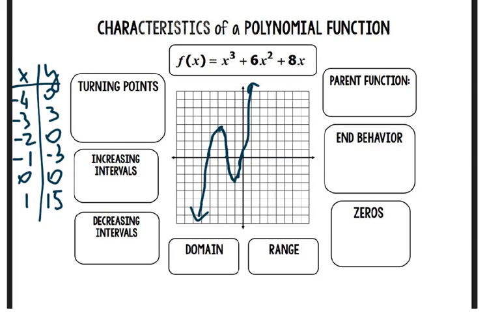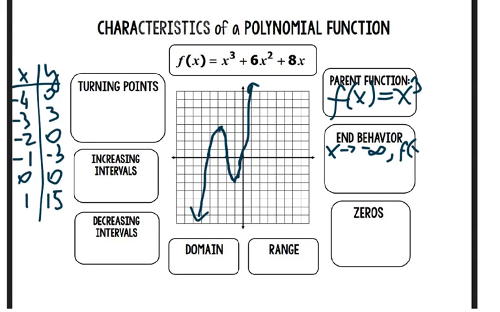The parent function is a cubic function, x to the power of 3, x cubed. The end behavior, we're going to be looking at the left end first. The left end is when x approaches -infinity.